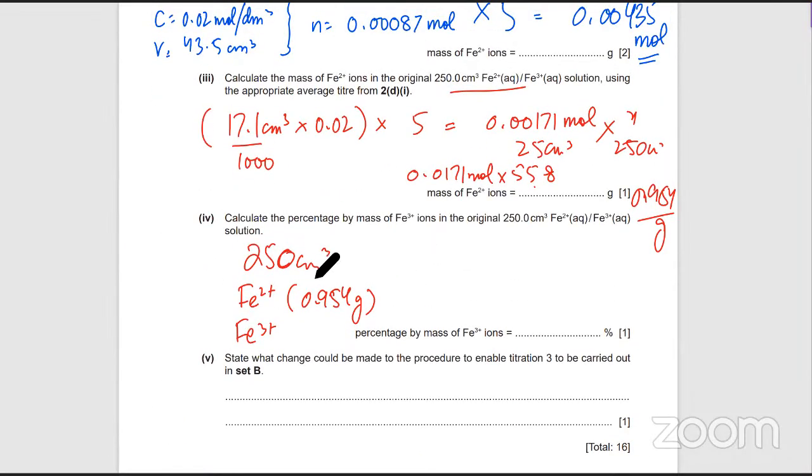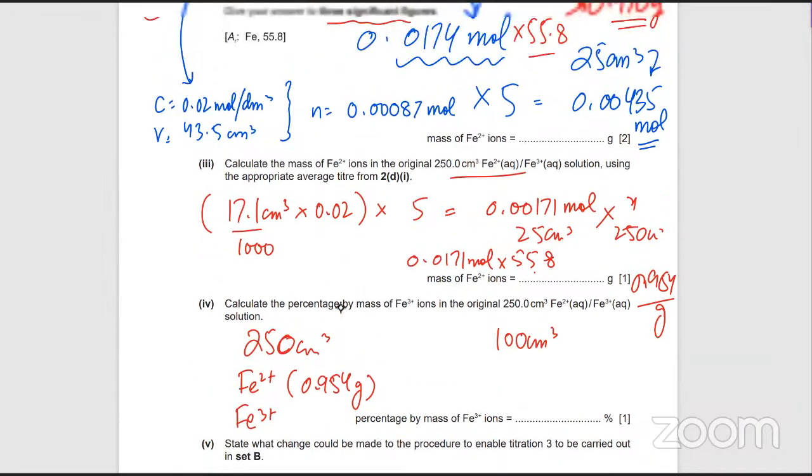तो अब हम यहाँ तक पहुंचे थे कि we figured out कि our original solution had this much Fe2+, right? जो हमारा 100 cm³ of reduced solution था ना उसके अंदर how much Fe2+ did we have?